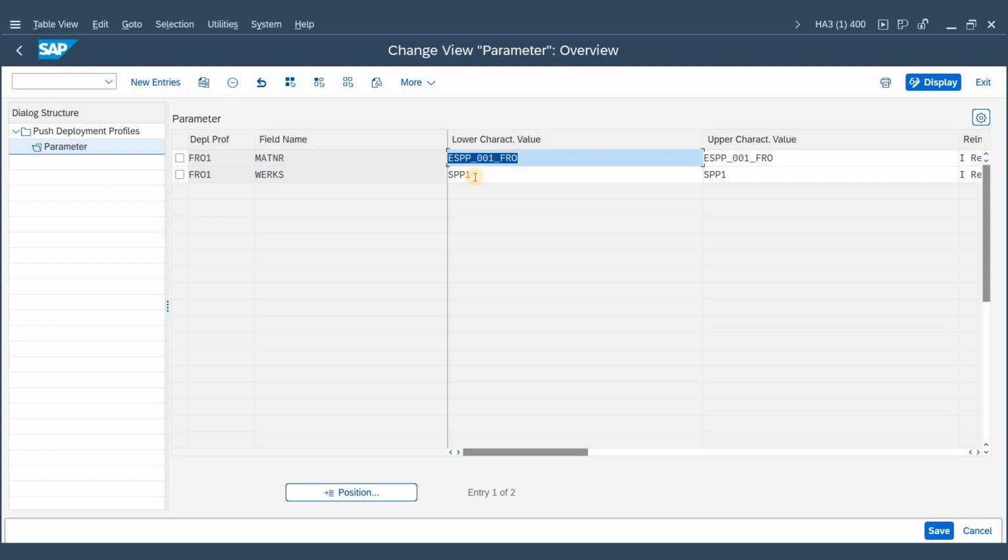That means that only this location product combination is considered for automatic push deployment, and it means whenever we book a goods receipt for this product on that location, an automated stock transfer will be generated.